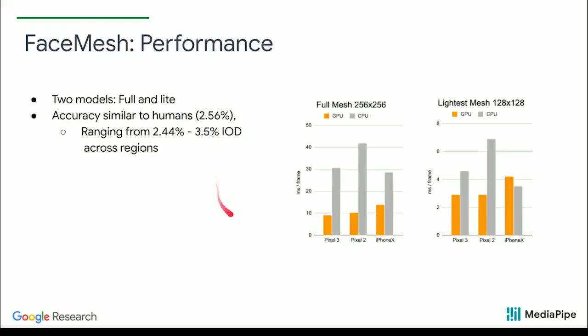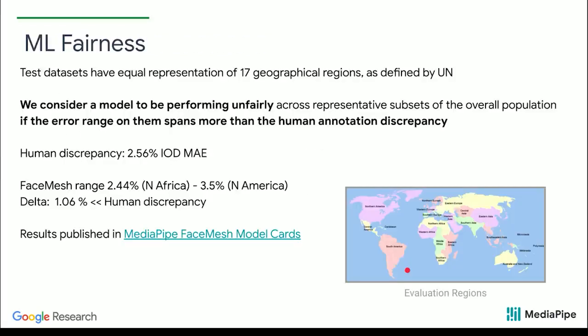And we also train a variety of models. Some are larger in capacity, some are smaller in capacity, and they vary with respect to performance as well as inference time. Let's have a look at the ML fairness evaluation that we are performing. To do that, we're grouping the regions of the Earth into 7 geo-regions as defined by the United Nations. And we ensure that our test set has equal representation across those regions.